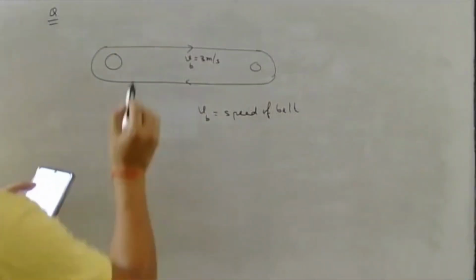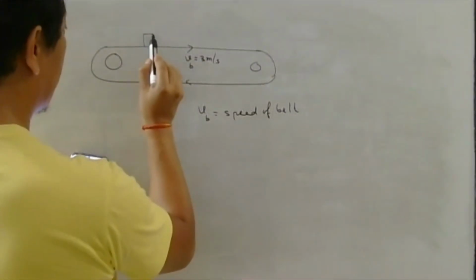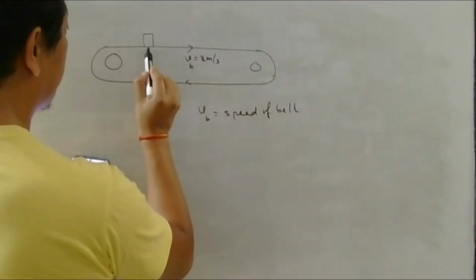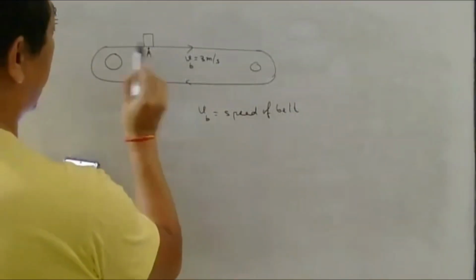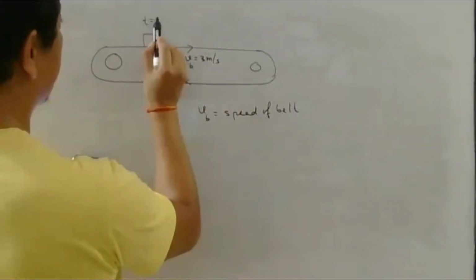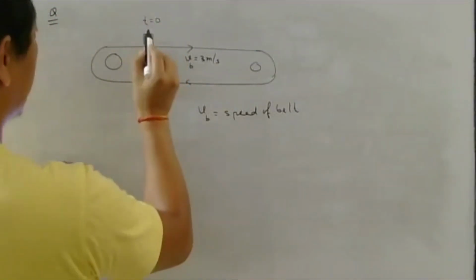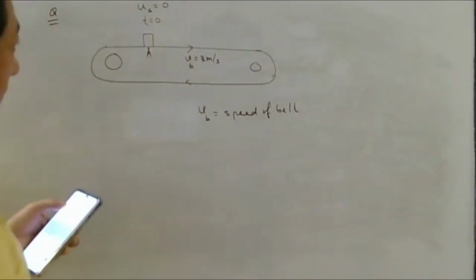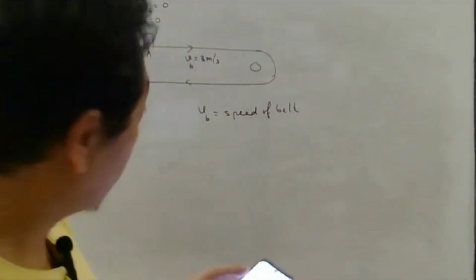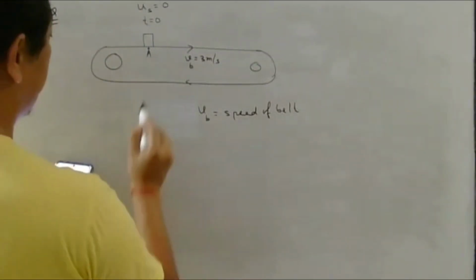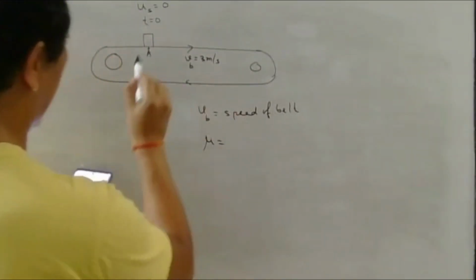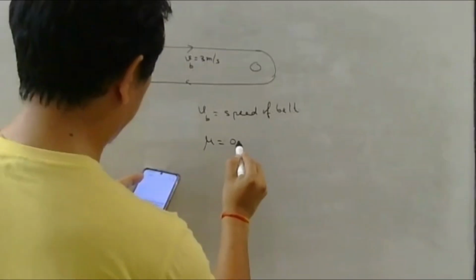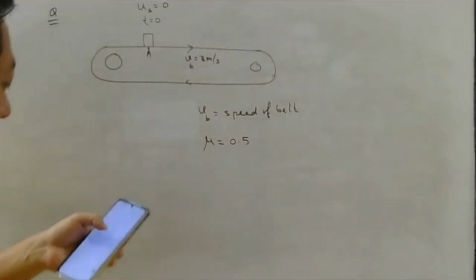Now a suitcase is gently dropped here, let's say at point A of the belt at time 0. Since it is gently dropped, u of the suitcase is obviously 0. If the coefficient of friction between the suitcase and the belt is 0.5, how far will the suitcase move on the belt before coming to rest?